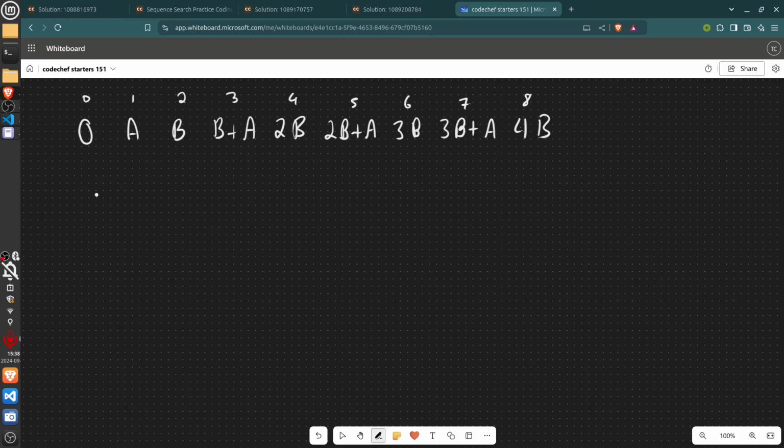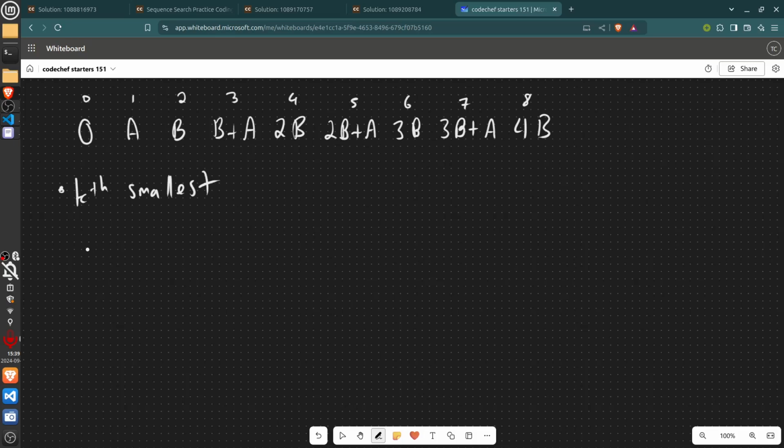The question is, how do you find the kth smallest? So here's the idea. Kth smallest just means that the number of elements that are smaller than it are equal to k.